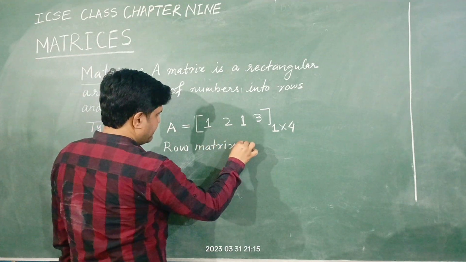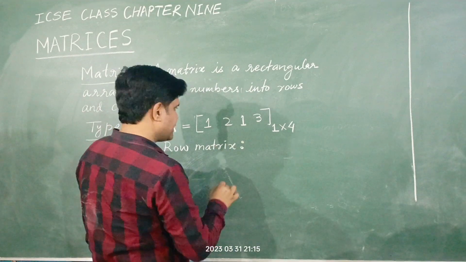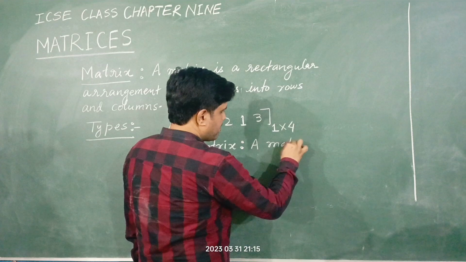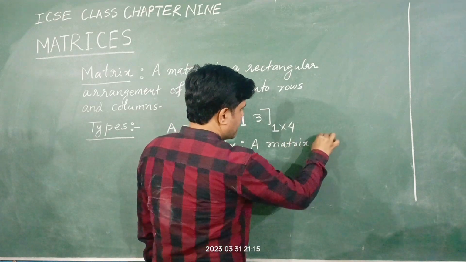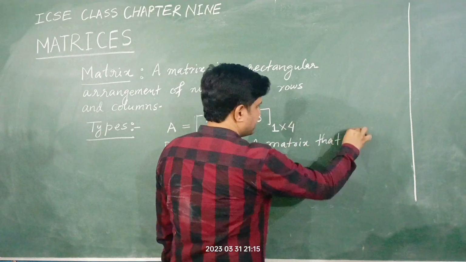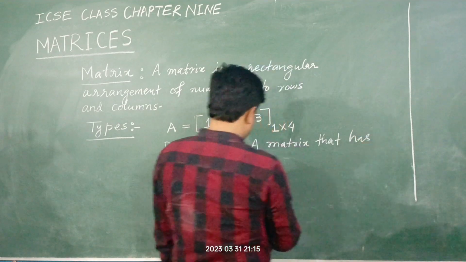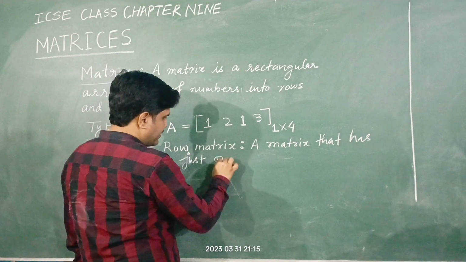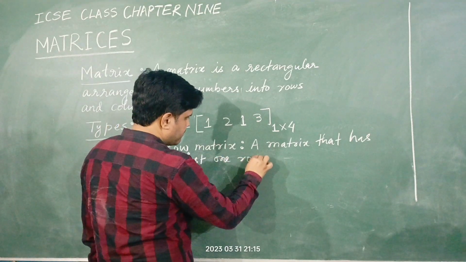If I simplify and define what is a row matrix for you, a matrix that has just one row.